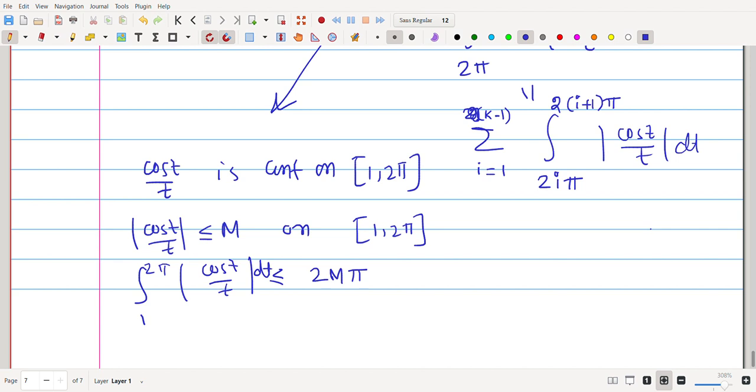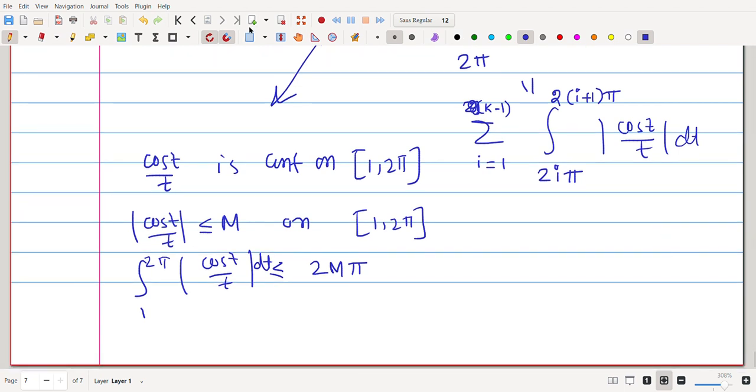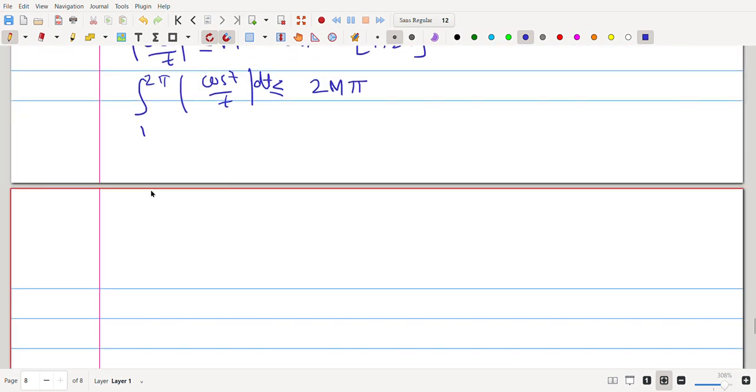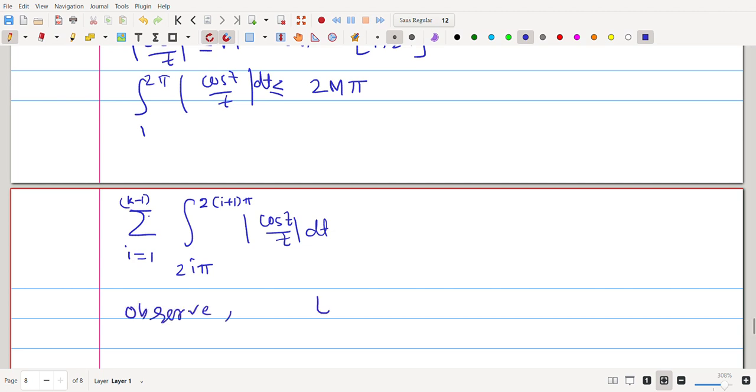But what about this part? This part is most important. So we have the summation i equal to 1 to k minus 1 of the integral from 2i pi to (2i plus 1) pi of mod cos t by t dt. Now observe t belongs to (2i pi, 2i plus 1 pi).